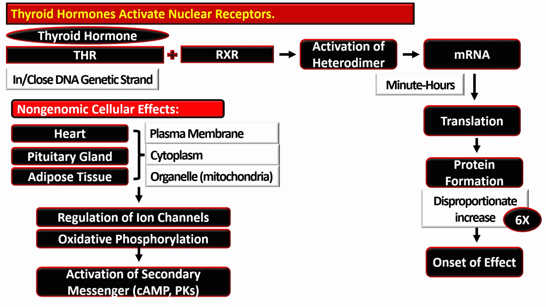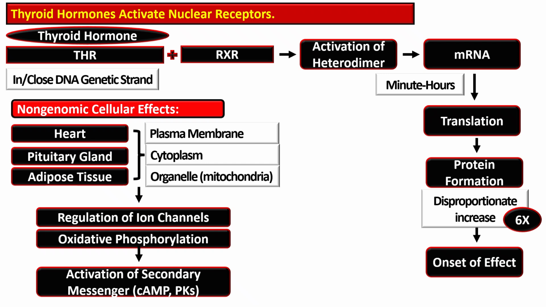They are responsible for regulation of ion channels, stimulation of oxidative phosphorylation, energy metabolism, etc. And they involve secondary messenger system activation, such as cyclic AMP formation and protein kinase signaling cascades, and they involve the effects seen in the heart, pituitary gland, and adipose tissue.